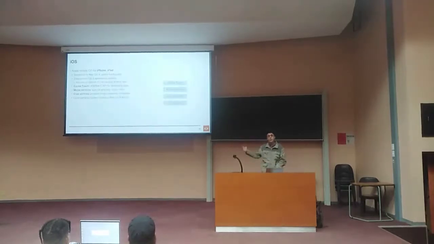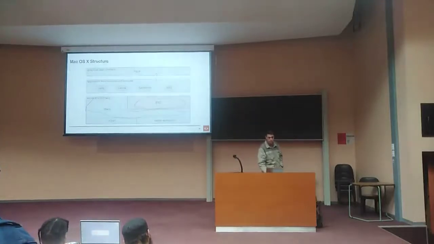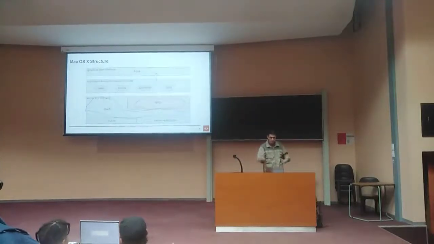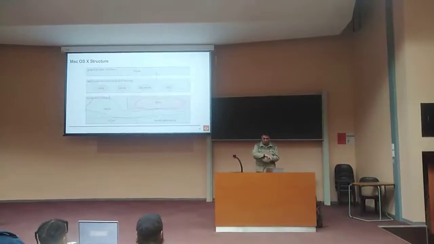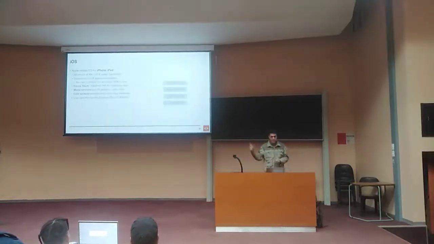iOS, as an example, uses a mixture of what you had with Mac OS X. In fact, the developers at Apple decided that they didn't want to go and reinvent the whole thing. So they basically took Mac OS X and stripped away a lot of the complicated parts and made it very, very small, and they ended up with this kind of principle.